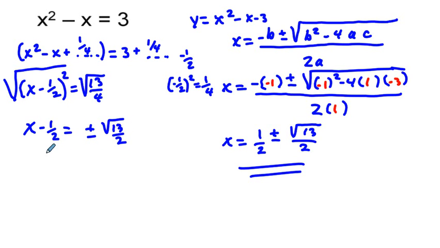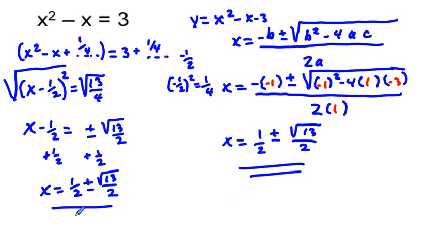Then when we add 1/2 to both sides, we have x is equal to 1/2 plus or minus the square root of 13 over 2. So we get the same answer either way.